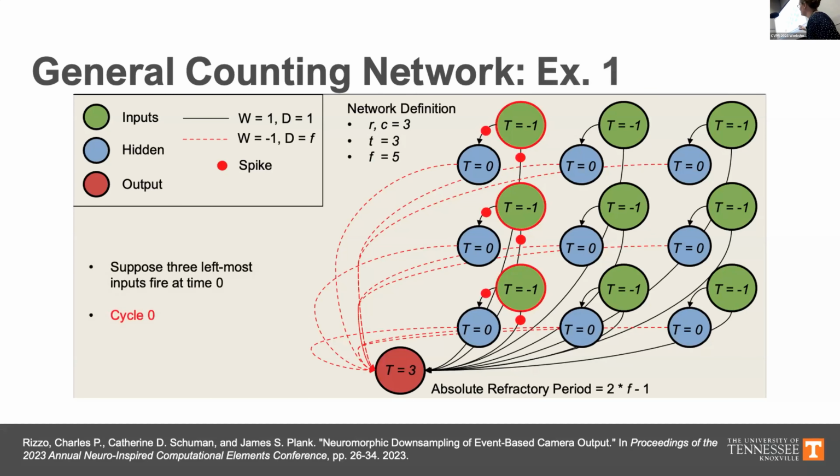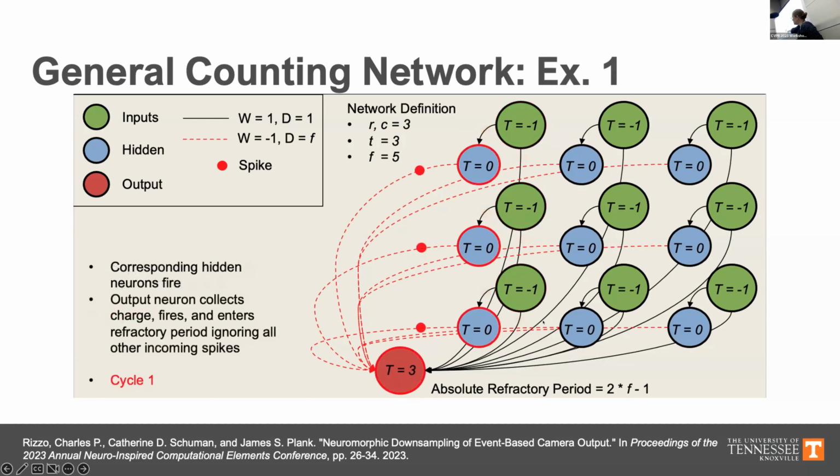And here's an example of how this network would actually work. Suppose the three leftmost inputs are firing. We have an event at each of those at a particular time 0, and it generates spikes on the outgoing synapses for each of those input neurons. The output neuron at time 1 is going to get those three incoming spikes, which meets its threshold. That's going to cause it to fire.